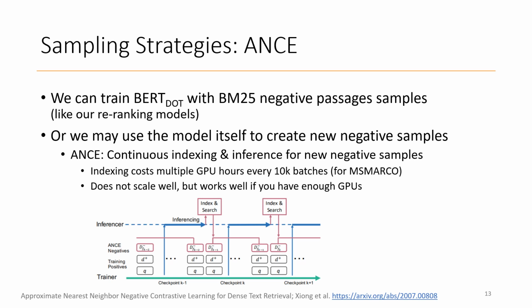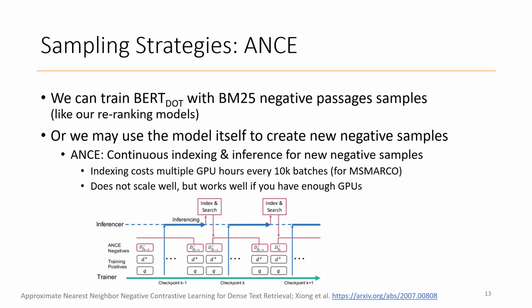And for that, it runs continuous indexing on certain checkpoints and inference for every training query. And then once the indexing and inference, which runs in parallel to the model training, is done, they swap the index and repeat the same process over again, but with new negative samples now coming from the already trained index.